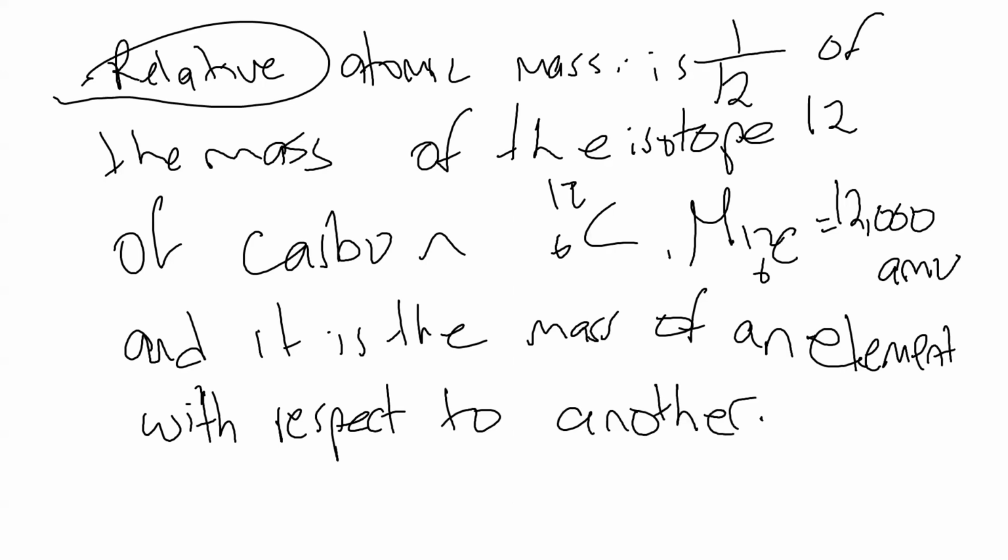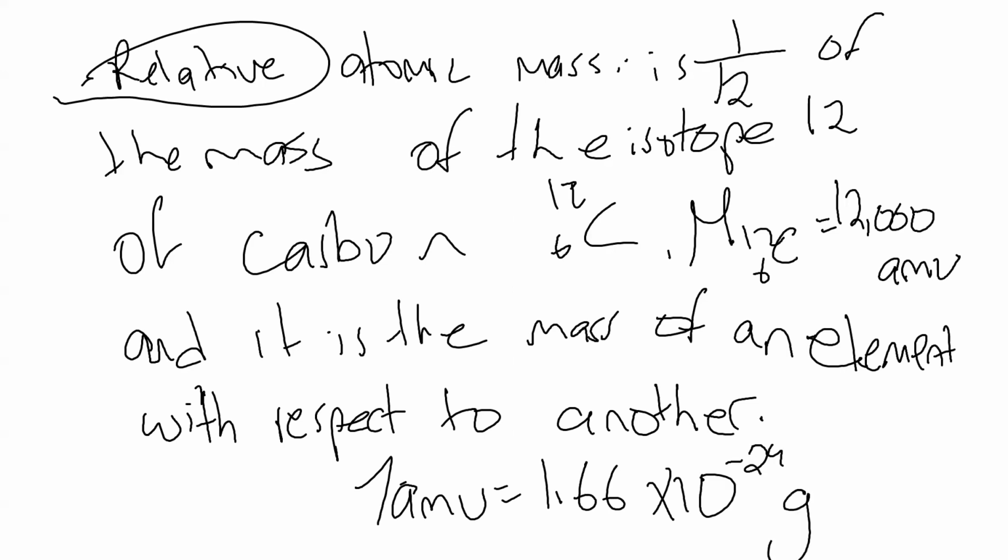A formula you should know is 1 AMU equals 1.66 times 10 power minus 24 grams. So the relative atomic mass is 1 over 12 of the mass of the isotope 12 of carbon, and you should know this.